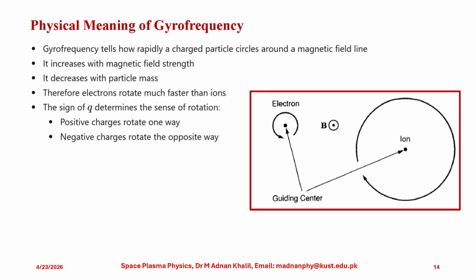That is why electrons rotate much faster than ions. The sign of the particle charge determines the sense of rotation. Positive charges rotate one way, and negative charges rotate the opposite way. The figure again helps make this visual. The opposite arrows show opposite rotation, while the much smaller electron orbit emphasizes the much faster electron response.